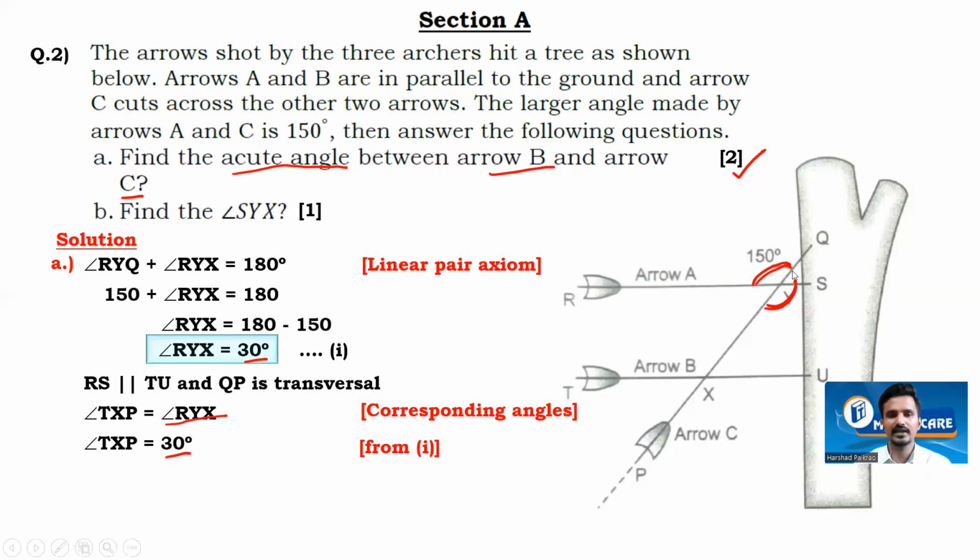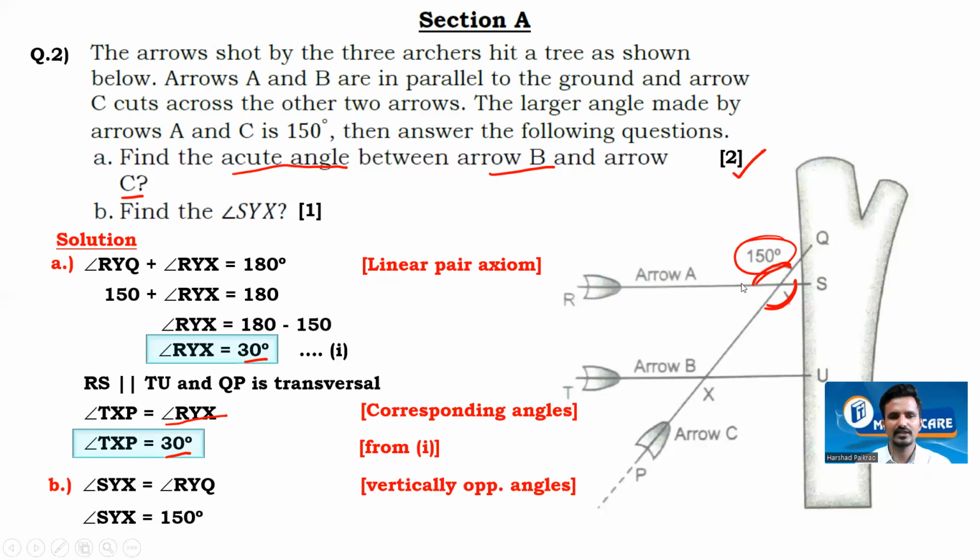And we know that vertically opposite angles are equal. So in the second sub question, we can say that angle SYX is equal to angle RYQ, reason vertically opposite angles. But angle RYQ is 150 and therefore angle SYX is also 150 degrees. This is the answer for the second sub question. Hence, we get one mark for this.